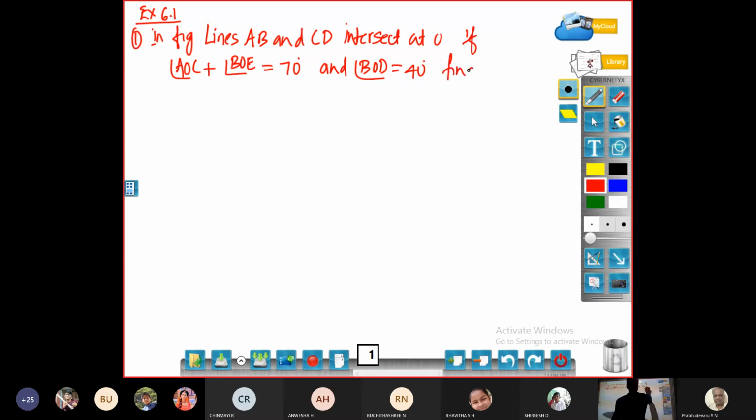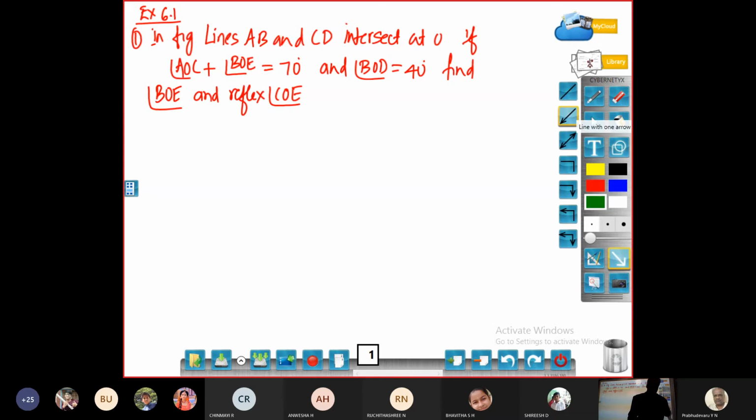find angle BOE and reflex angle COE. Let us draw the diagram for this. I'm going to draw a line AB here, another line CD intersecting the line AB, and then one more ray we will draw, that is OE.